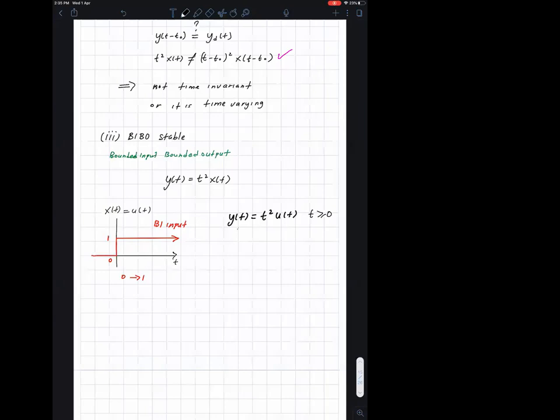So if I sketch this signal, it's t squared, defined for t greater than or equal to 0.